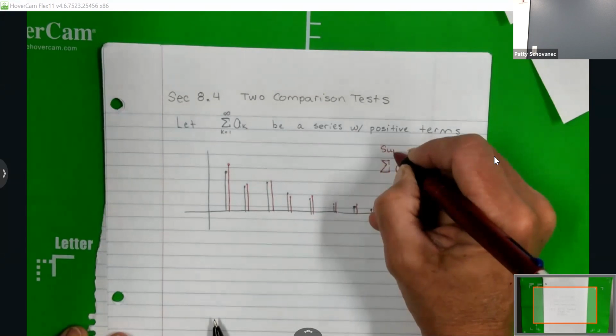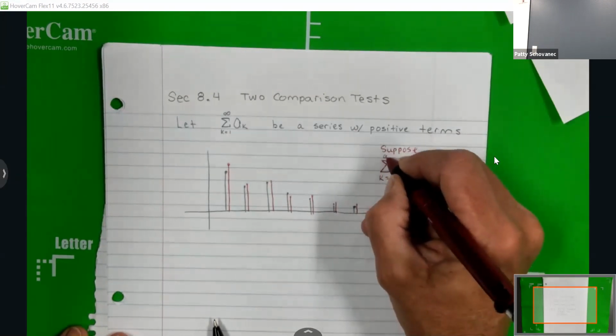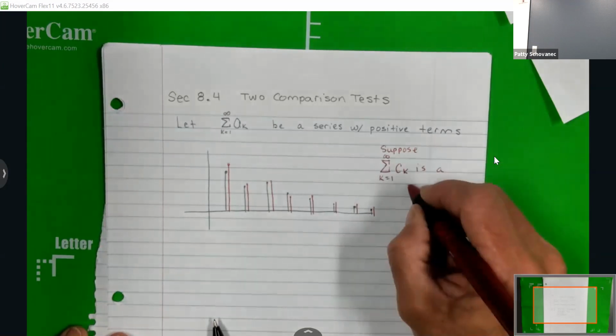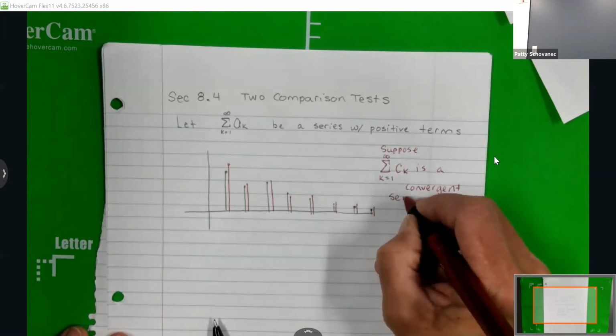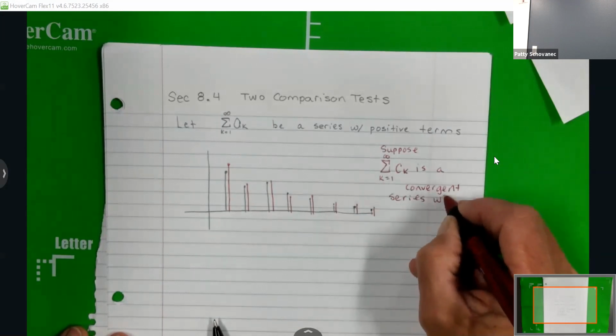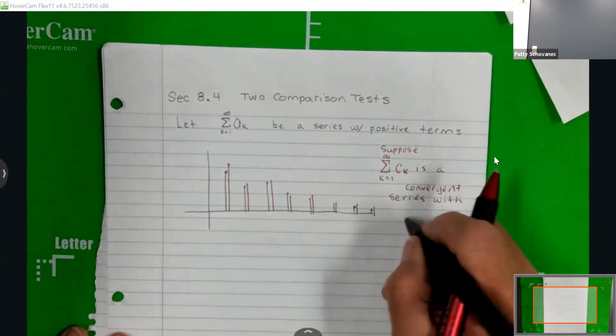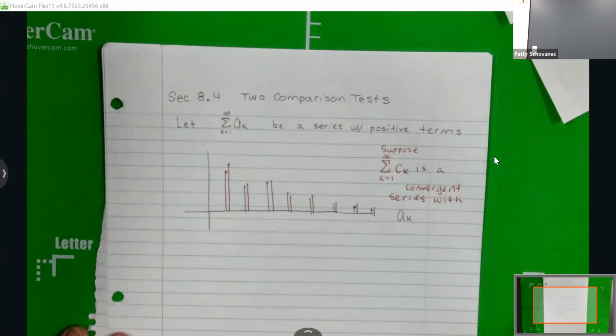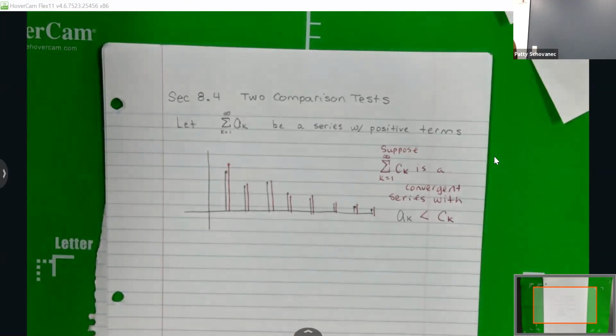So suppose c_k is a convergent series with the property that all of the a_k's are smaller than the c_k's. It's a look-alike series.